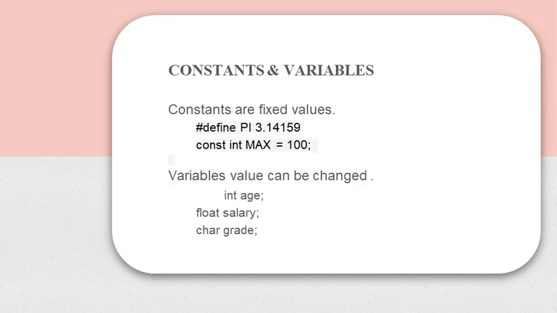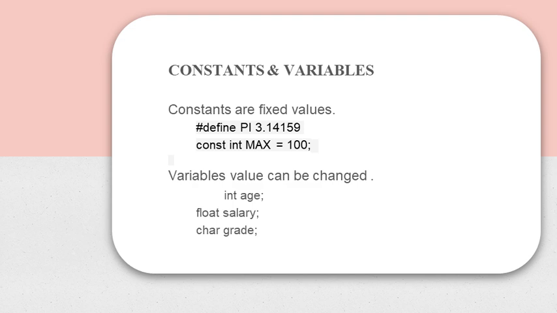Constants and variables are fundamental elements used to store and manipulate data in C programming. Constants are fixed values that cannot be altered once they are defined. They are used to represent values that remain unchanged throughout the program's execution.